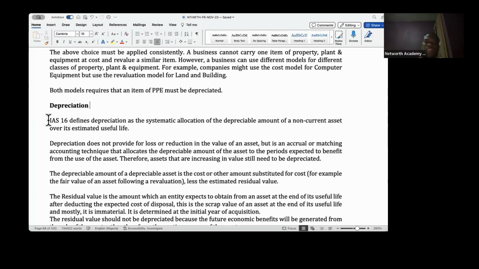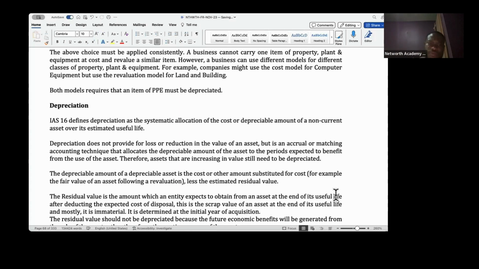So let's start with the definition of depreciation by IAS 16. IAS 16 said that depreciation is a systematic allocation of the depreciable amount of a non-current asset over its estimated useful life. In some texts, they will say of the cost or depreciable amount.